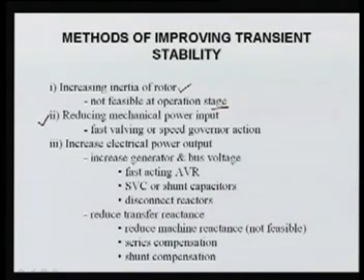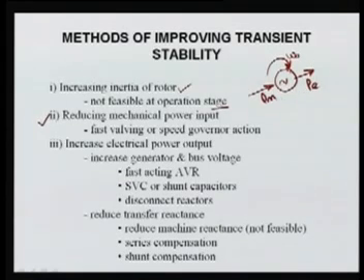The second option is reducing the mechanical power input during transient disturbances. As I said, here is your generator that is rotating, PE is the electrical power coming out, PM is the mechanical power, and the difference is what causes rotation. If they are equal, the machine rotates at synchronous speed.